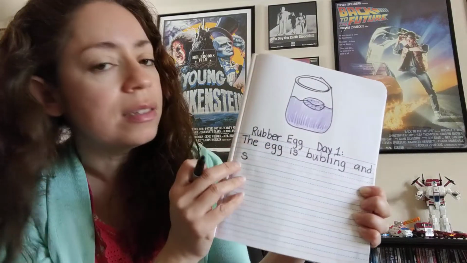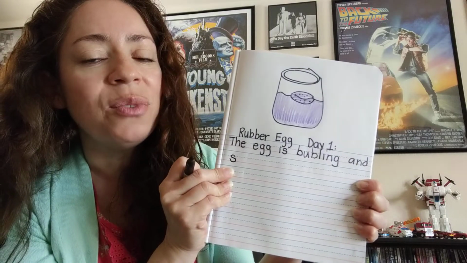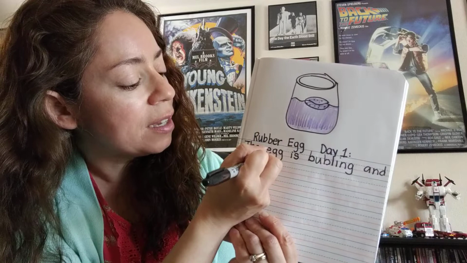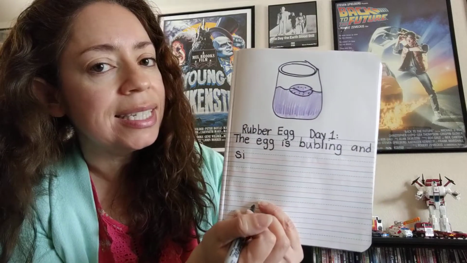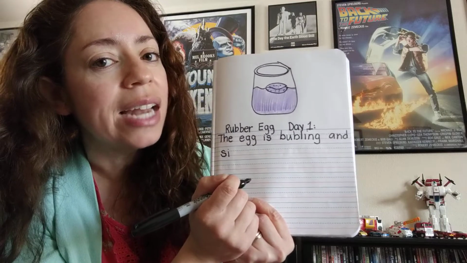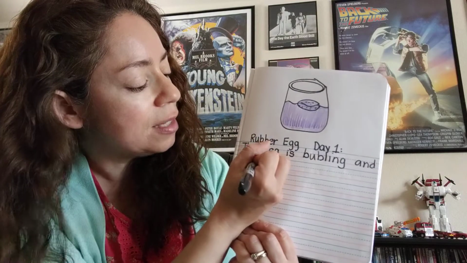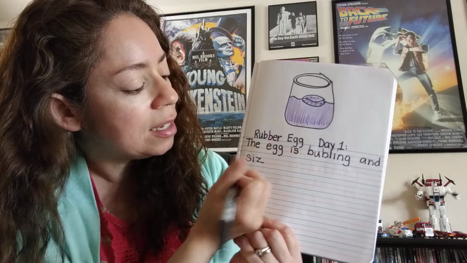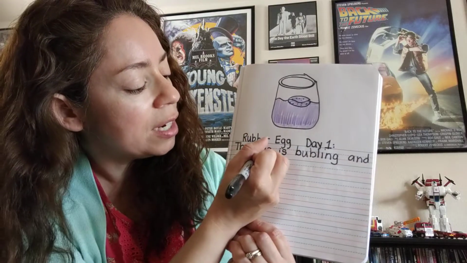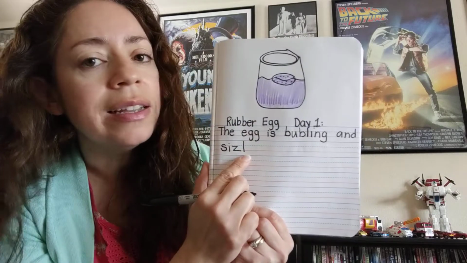Sizzling. I hear an S. What vowel says I? I. Very good. Sizz. Ooh, that's a fun sound to make. Zzz. What letter says Z? Z. Sizz. Sizz. Oh. I hear an L. Sizzle.